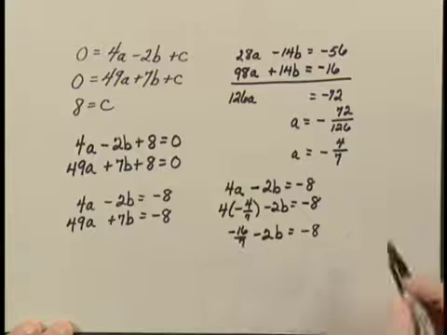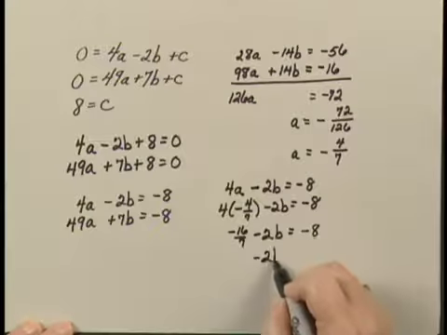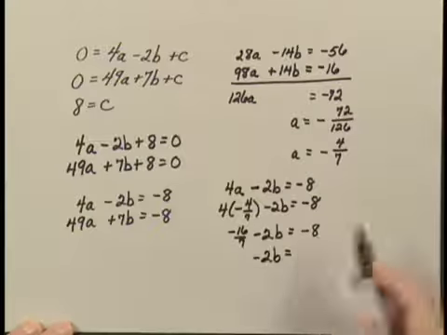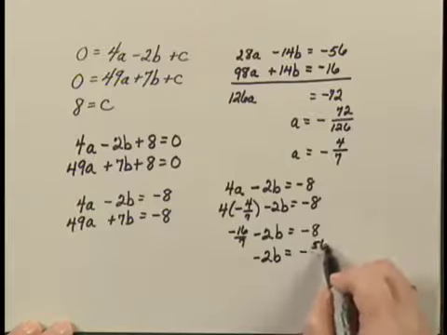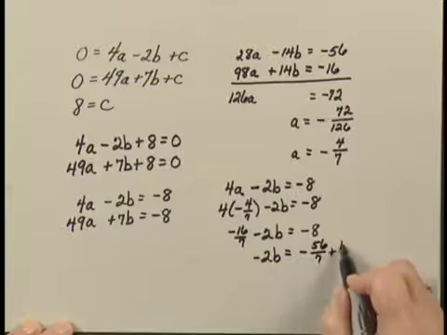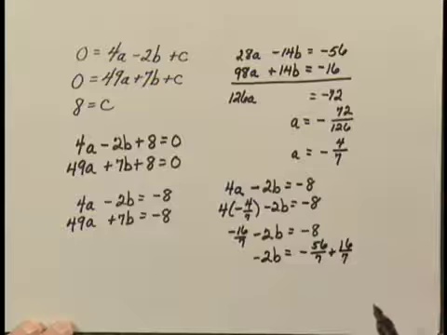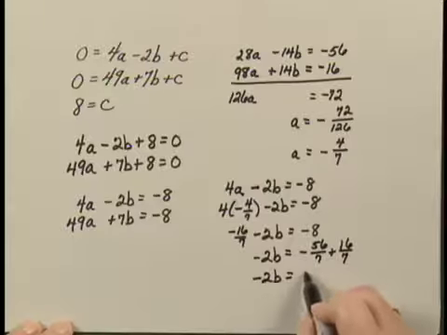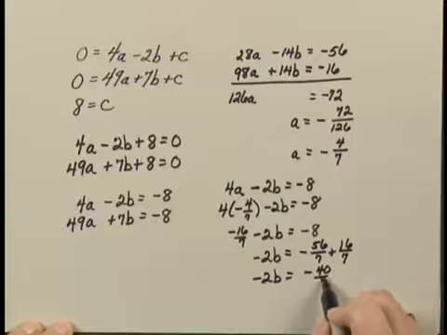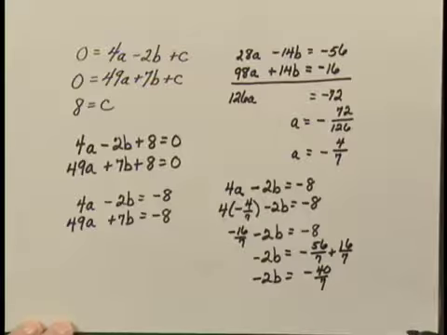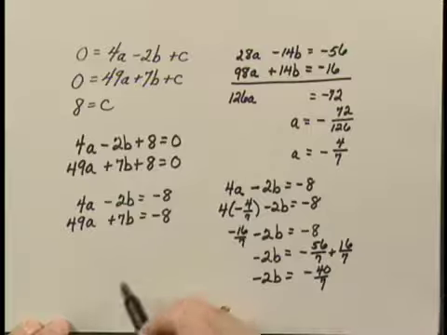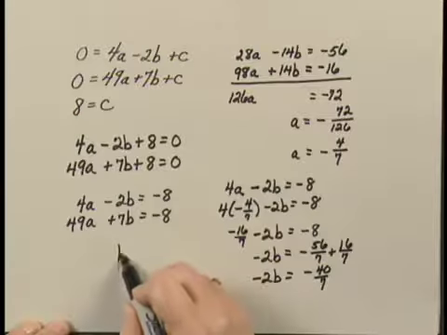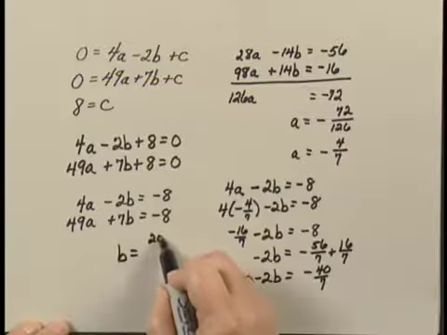Adding 16/7 on both sides, I have -2b equals, I'll write this as sevenths, -56/7 + 16/7. So -2b equals -40/7. Dividing both sides by -2, I have that b equals 20/7.